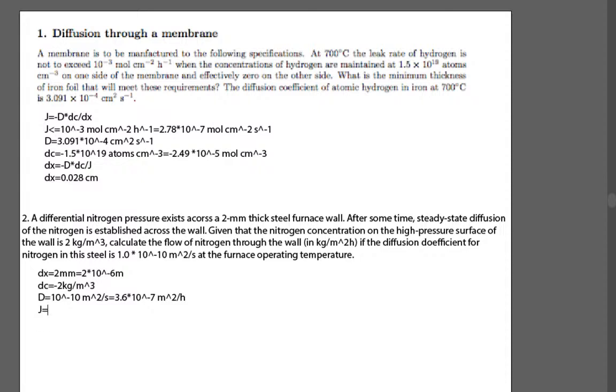That would get you 0.36 kilograms per meter squared hour. And that's that. It's simple. This thing is not really that hard. This is basically steady state diffusion. Let's go and do the third problem here.